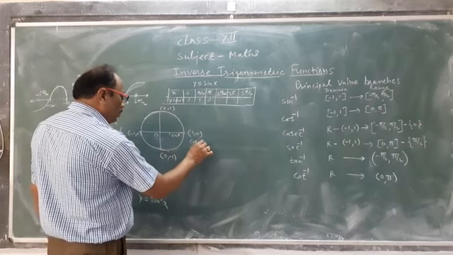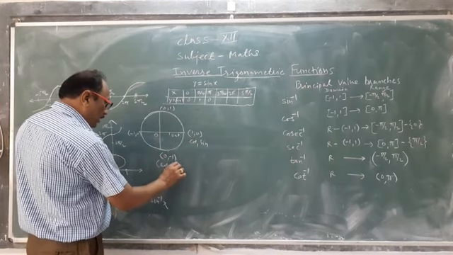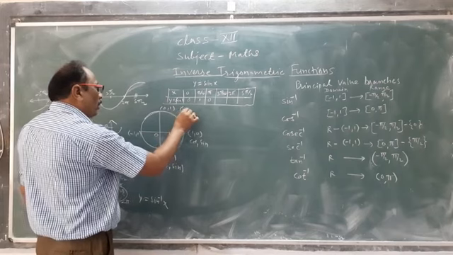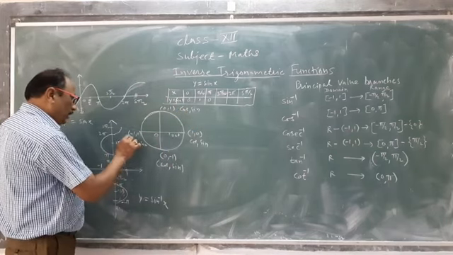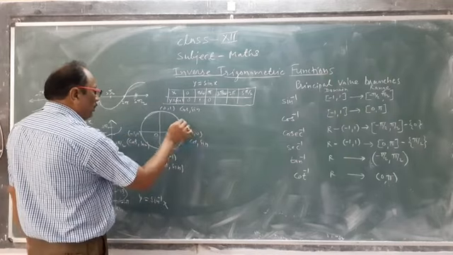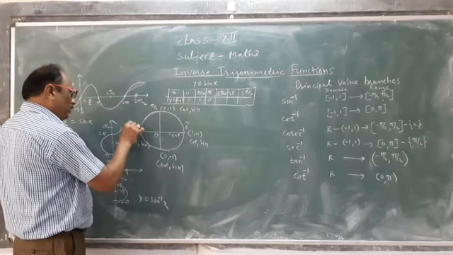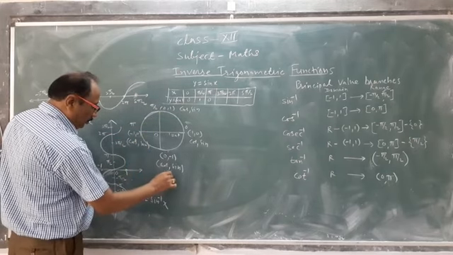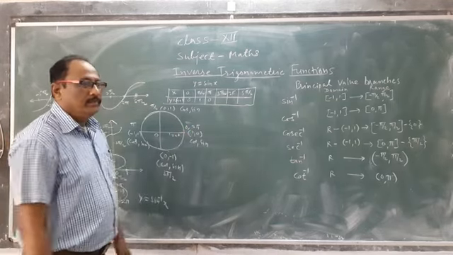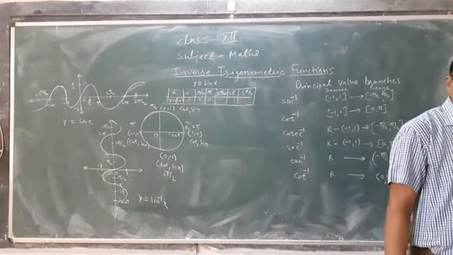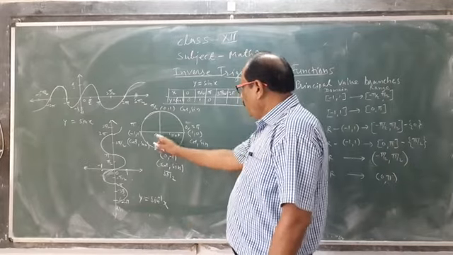These are the cos, sin coordinates. It is 0 degree, pi by 2, pi, 3 pi by 2, and 2 pi, like this. This will be a very easy method for you.